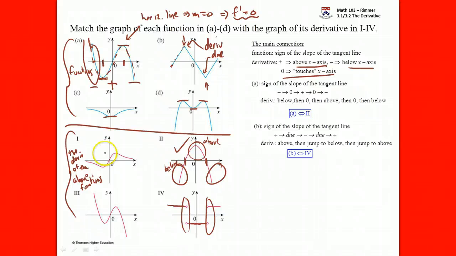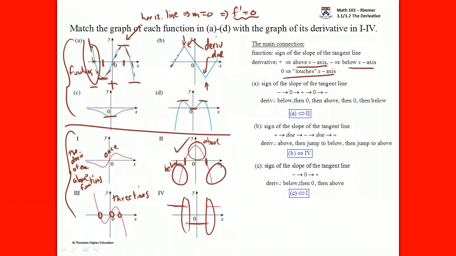This guy touches once, while this guy touches 3 times. That's enough, since it's a matching question, to finish it out. I mean, check to make sure the signs work and everything, but yeah, that's enough. So C goes along with Roman numeral 1, and D goes along with Roman numeral 3. And you don't have to really bother with it too much. Questions on that? I would be able to do something like that.